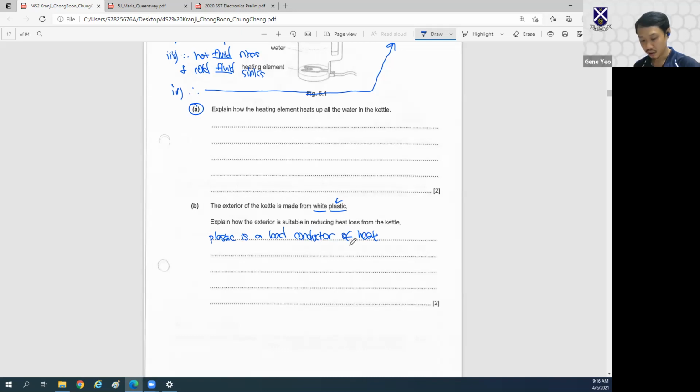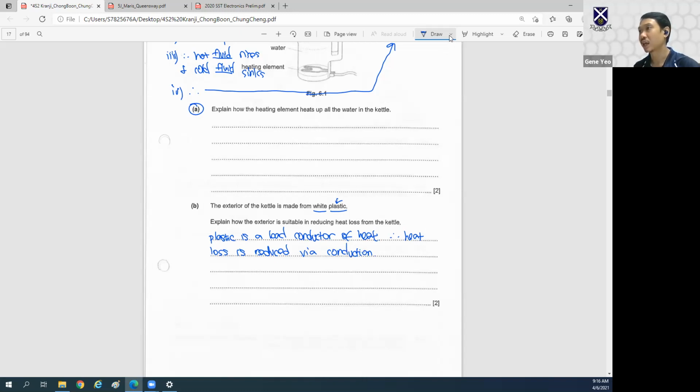Okay, so you have to say that plastic is a bad conductor of heat. Therefore, heat loss is reduced via conduction. Okay, so this is how plastic prevents heat loss because it is a bad conductor of heat.